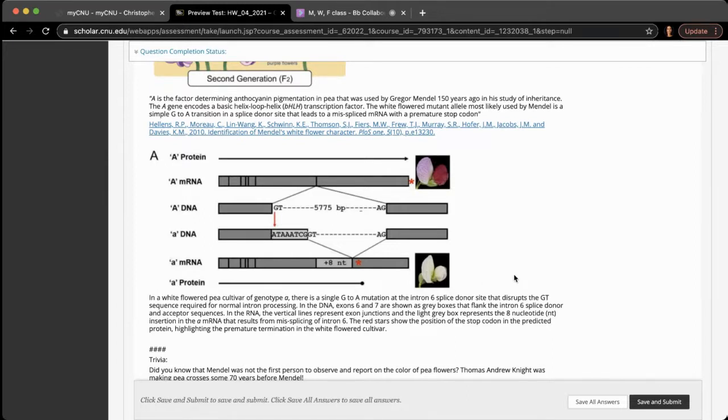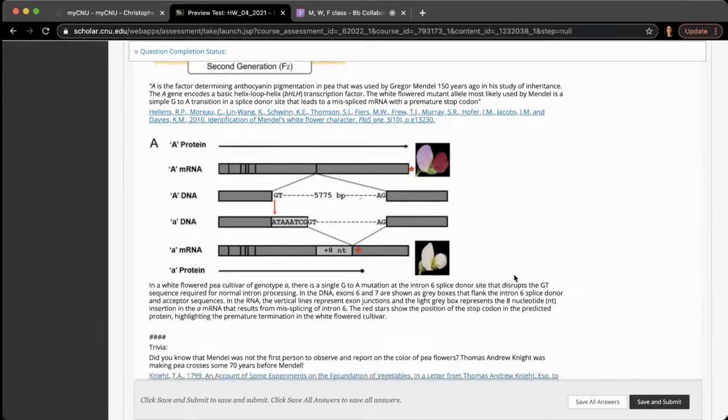That's the story about the purple and the white pigments, which is different from the white, pink, and red that I talked about in snapdragons, because that one was incomplete dominance and had to do with enzyme activity.